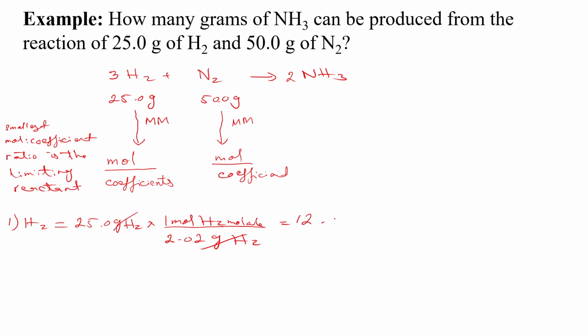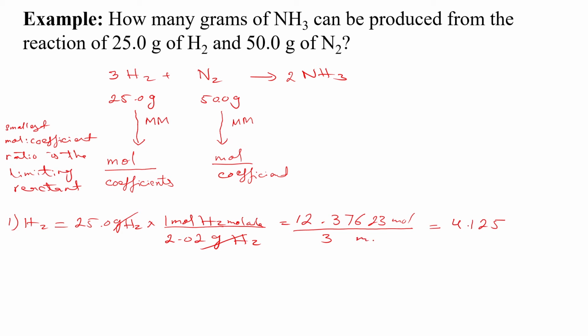So you have 12.376 moles. You have to divide it by the coefficient, which is 3. Mole to coefficient ratio is 4.125. That's the ratio. I'm not going to write down anything here.